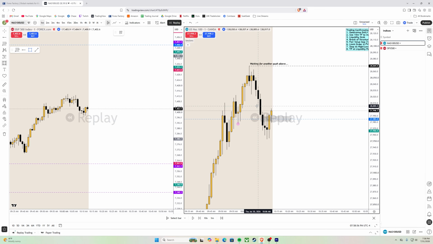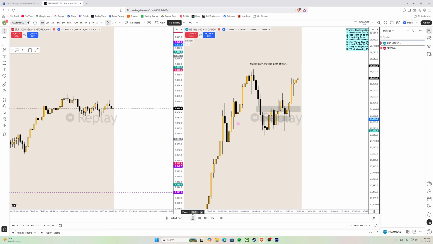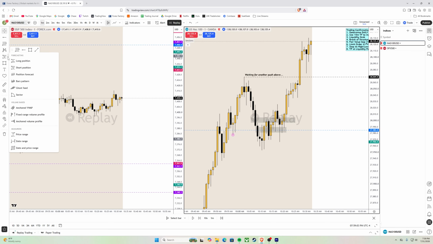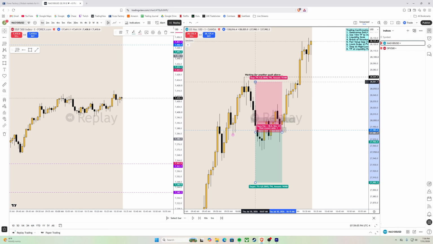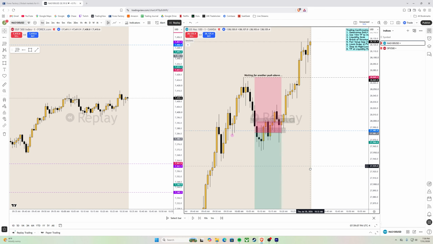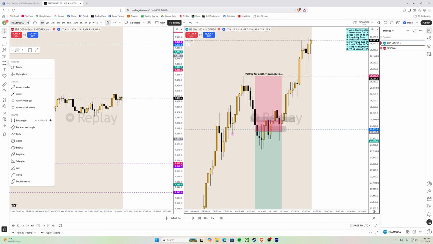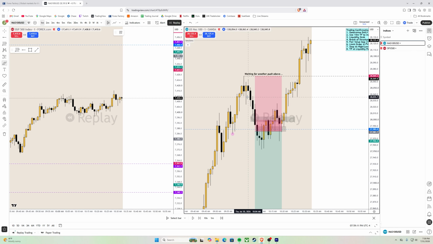Obviously, price came into here and would have tapped the other entry, and then you see what ends up happening. Boom. So if you were looking to go short at any one of these levels, stop loss above here and then take profit down here. Obviously, price tapped into this fair value gap too, and then clearly price just went up and blasted through. So price didn't respect it.